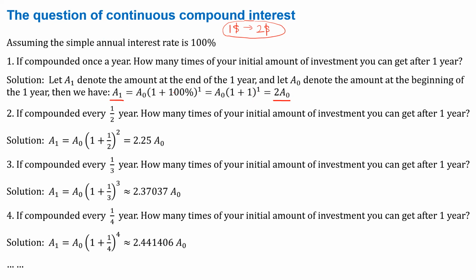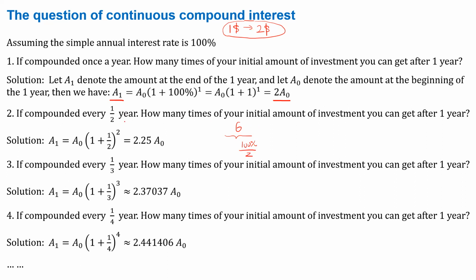So basically, your initial investment will double at the end of 1 year if compounded only once a year, right? Okay, then let's suppose the bank makes this rate compounded every half a year, how many times your initial amount of investment can you get after 1 year? Okay, so if compounded every half a year, that means in the first 6 months, the rate should be 100% over 2, right?